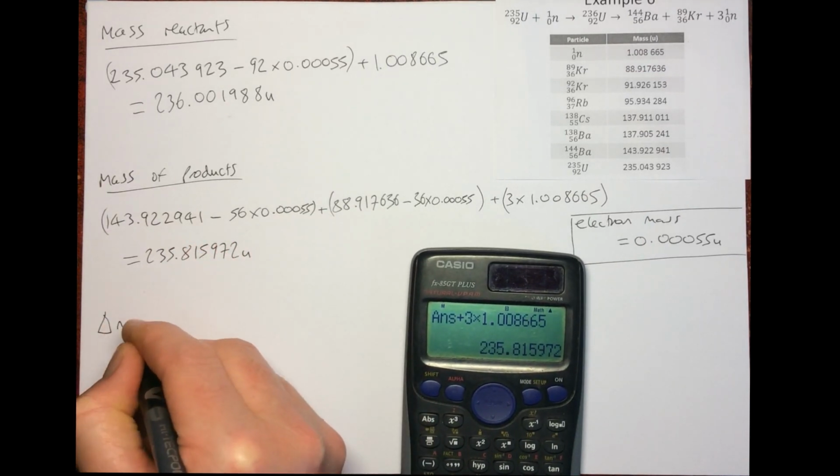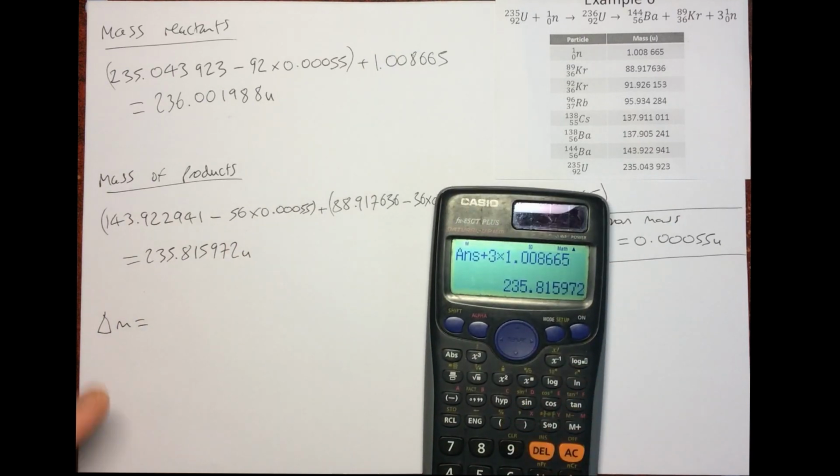We can now work out the mass defect, and we just take the reactants and minus the products from it.